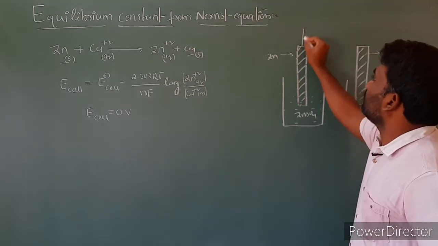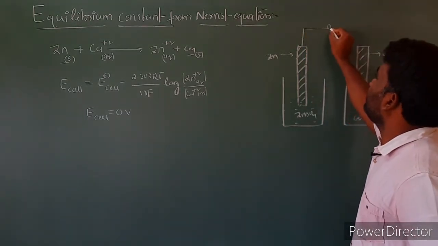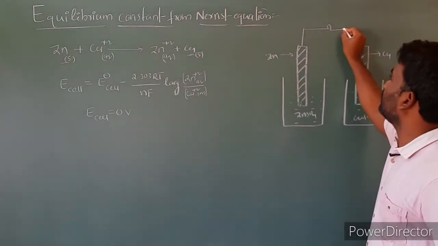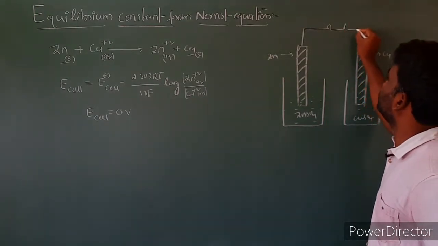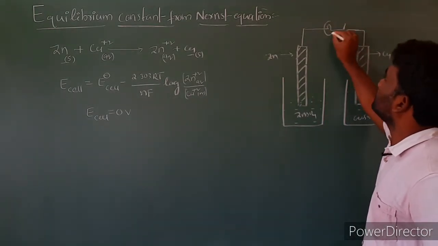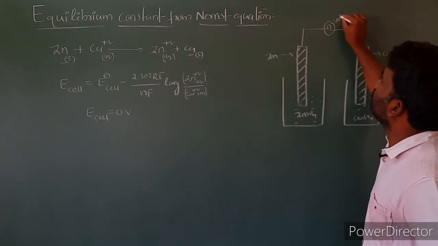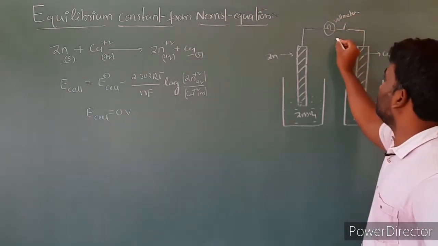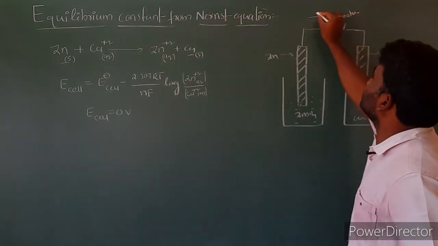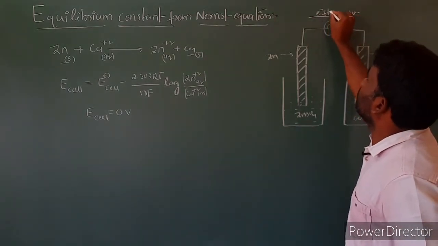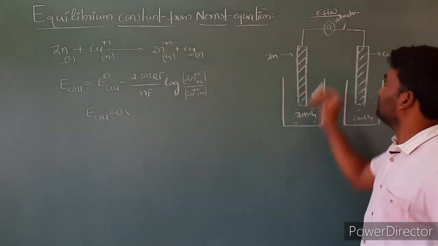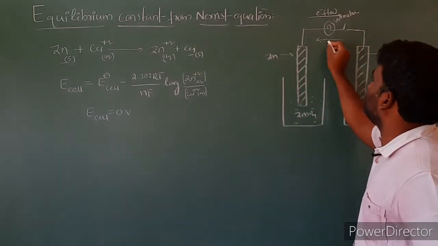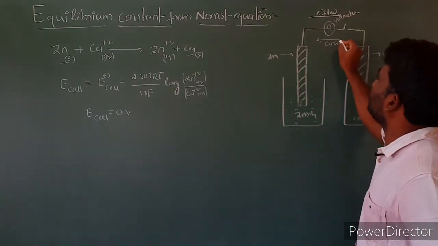These two electrodes are connected by a wire through a voltmeter and a switch. Electrons flow in this direction, and the current flow we have to take opposite.